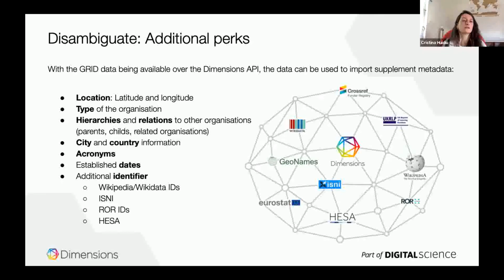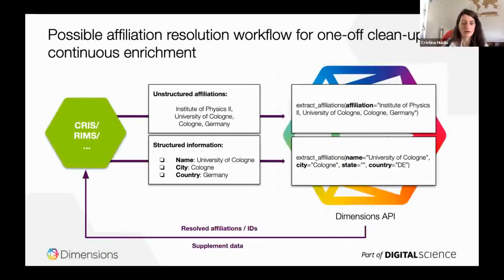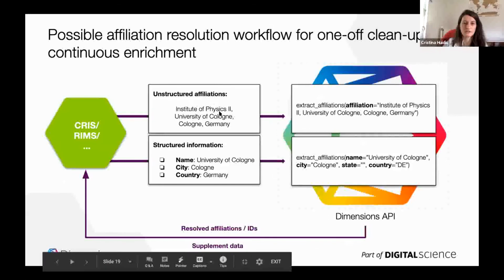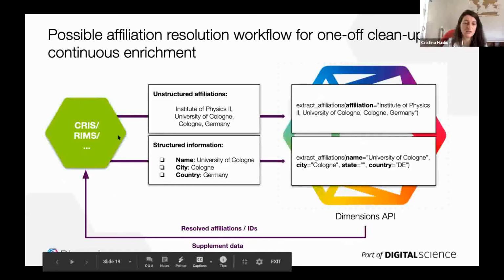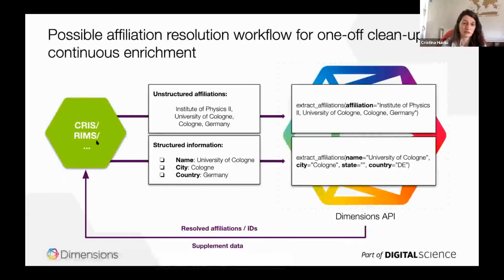So that is a whole analysis in itself. And in a very cool graph that is not made by me, this is how it looks. So we would take the information about the affiliation, run it through Dimensions, and then we would feed that data with the resolved affiliation and IDs into the system that you are using.